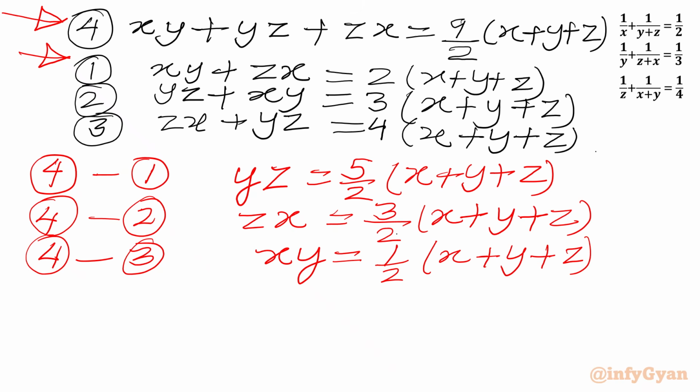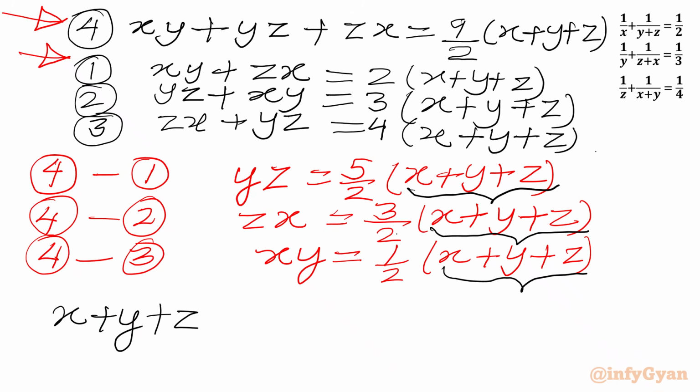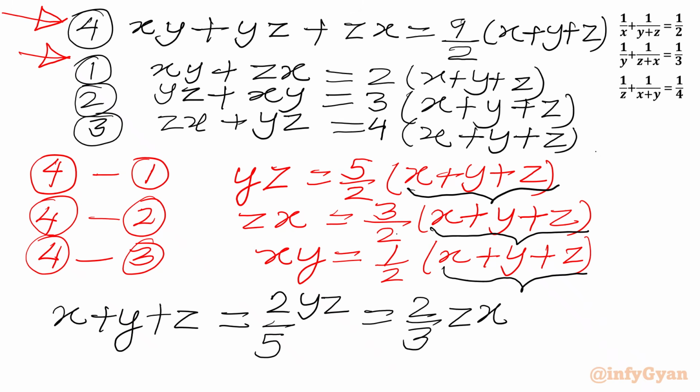Now we have to find x plus y plus z from all the three equations. We will get x plus y plus z will be equal to 2yz over 5. From second equation, x plus y plus z will be equal to 2 over 3 times zx. From third equation, x plus y plus z will become 2xy.